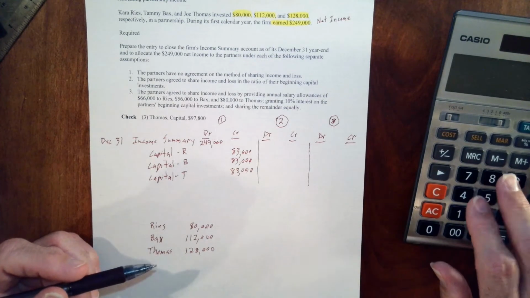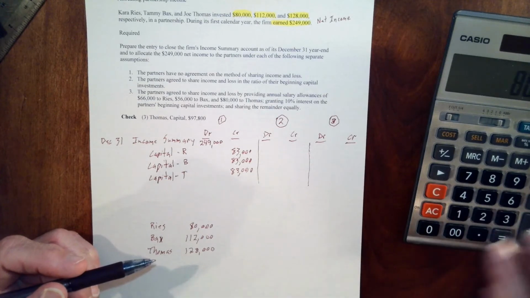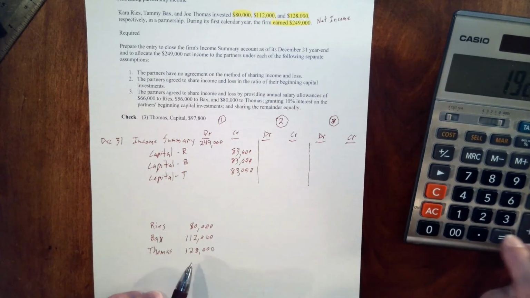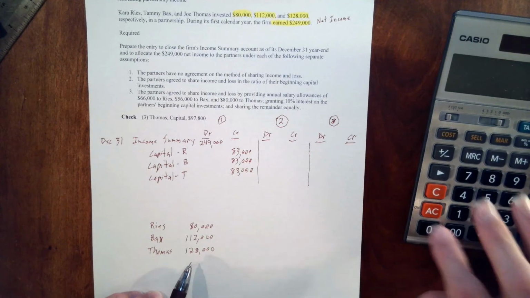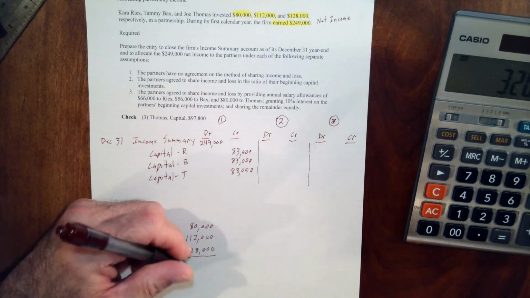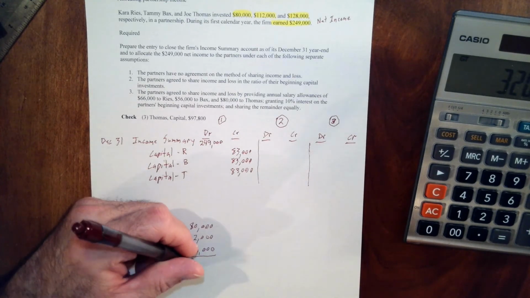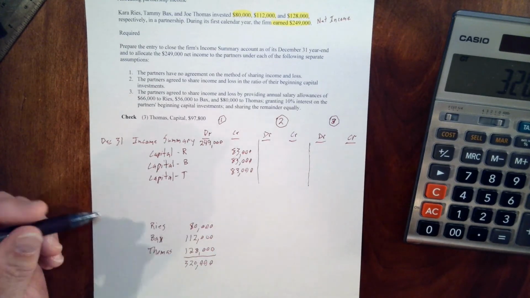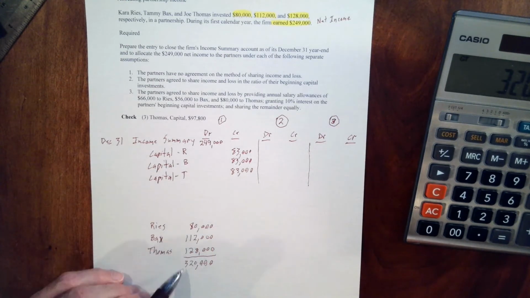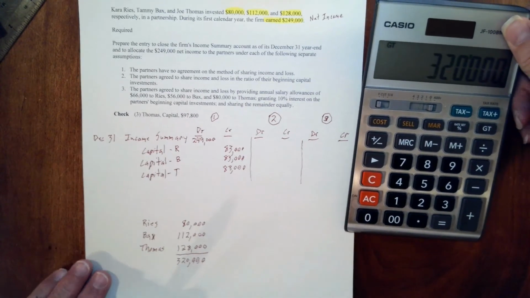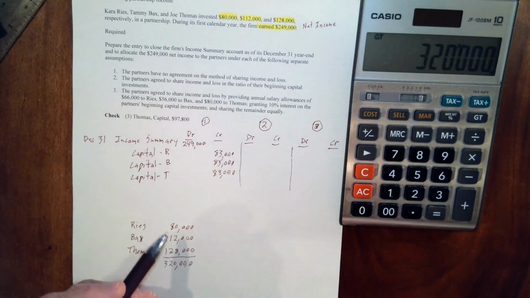Alright, so 80,000 plus 112,000 plus 128,000 is going to be equal to 320,000. So now I'm going to take the 80,000 and divide that by 320,000 because I'm looking at what proportion this is of the total of all three capital accounts.